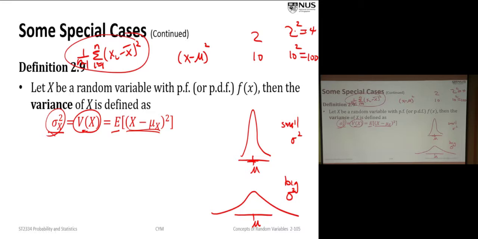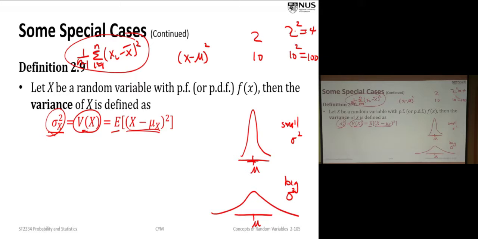Basically it's the same idea. Calculate for each individual, measure how far they are from x bar. X bar is the average of all. Then you square it and then take the average. If you divide by n, then it's exactly the average. But because of some mathematical reasons, we divide by n minus 1, to make it an unbiased estimator. We'll come back to this. But anyway, you have to distinguish between your sample variance formula and the population variance.